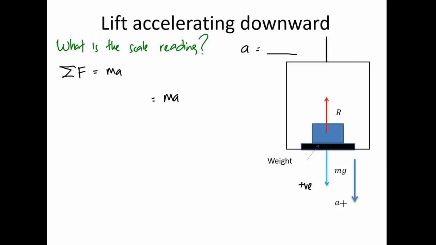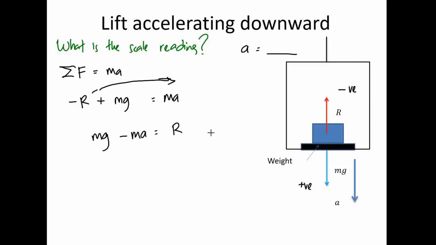We consider weight as positive because the direction of weight is the same as the direction of motion, and R is in the opposite direction, so we consider it as negative. So negative R plus mg equals ma, so we bring R over here to make it positive R, and then R equals mg minus ma.